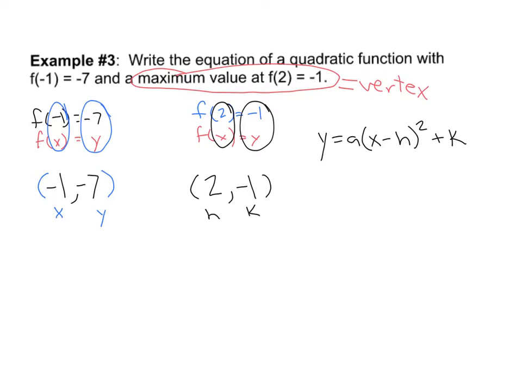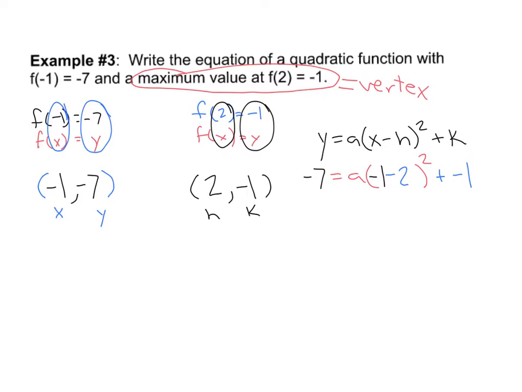All right, so from here, now that we have these 2 points, the vertex and a point, we can now plug this into our vertex form and solve. So we get y equals a, which is what we're solving for, times x, we know, is -1, minus h, which is 2, squared, plus k, which is -1, and we actually know y is -7.